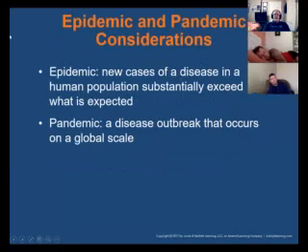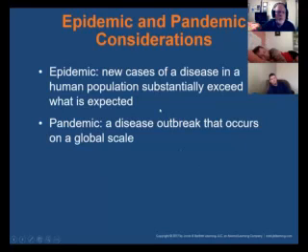Epidemic and pandemic. Epidemic: new cases of disease in a human population that substantially exceed what is expected. If we're having more seasonal flu than we do in a normal year, a lot more of them in December than what we normally do, and if there's a high enough level, eventually we could say we have a flu epidemic even really early on in the flu season.